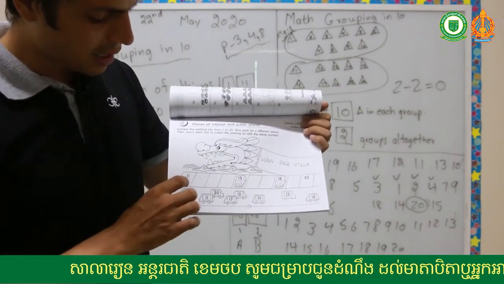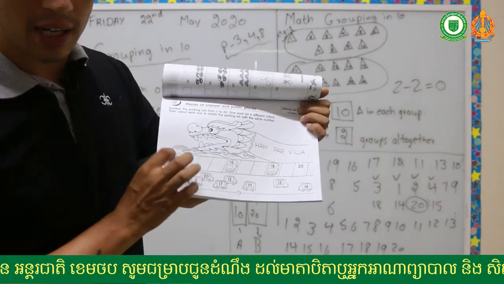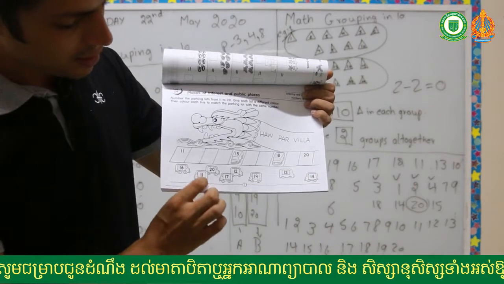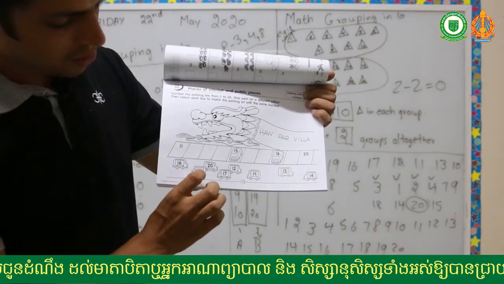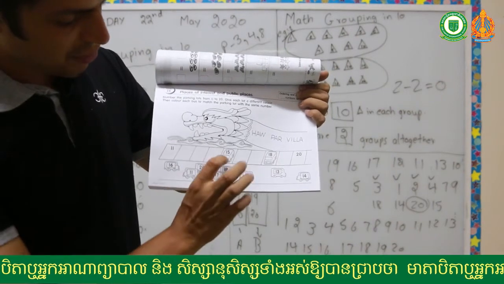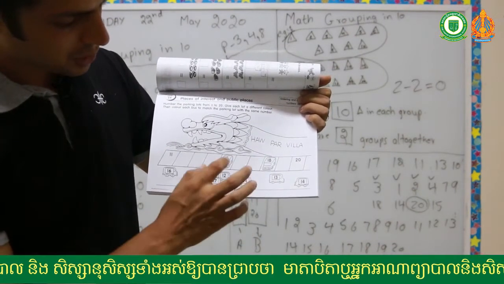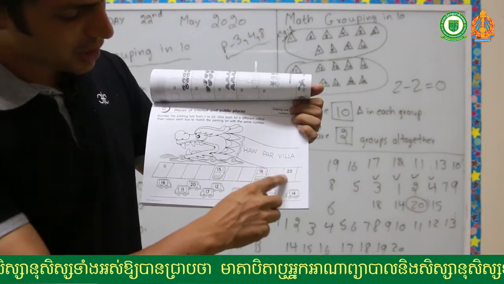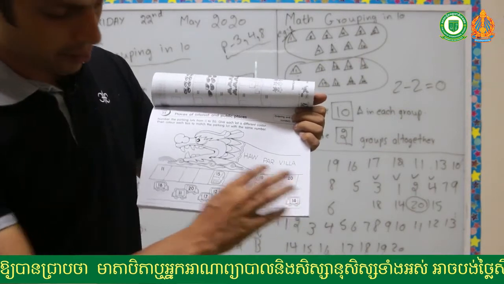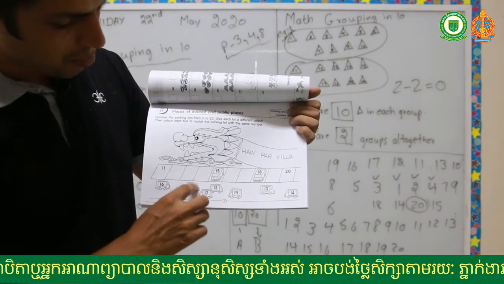Suppose you color number 11 green here, and you have number 11 here, so you color it the same. Like 15, suppose you color orange. And 20, you color brown.